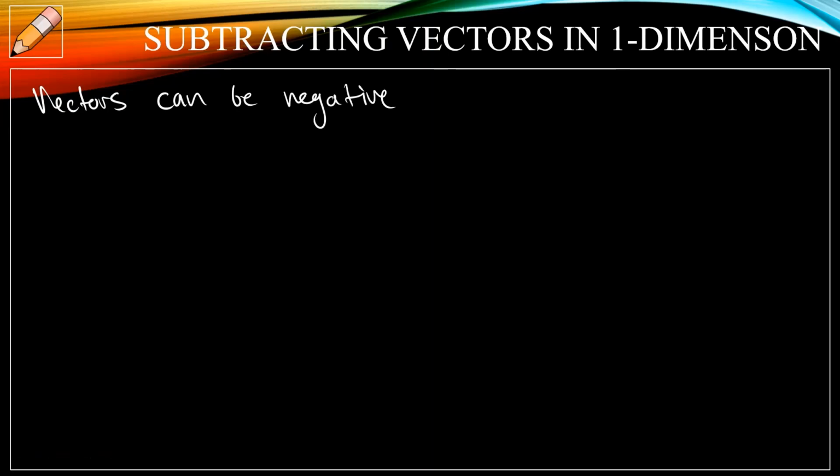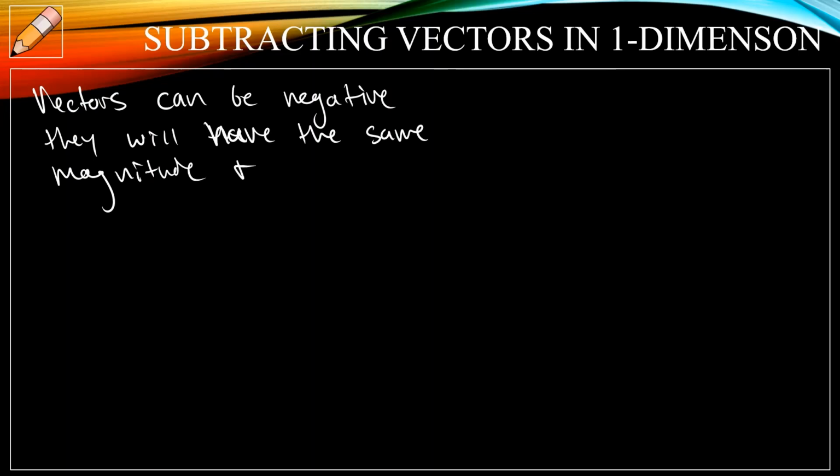And that means that when a vector is negative, they will have the same magnitude and opposite direction.